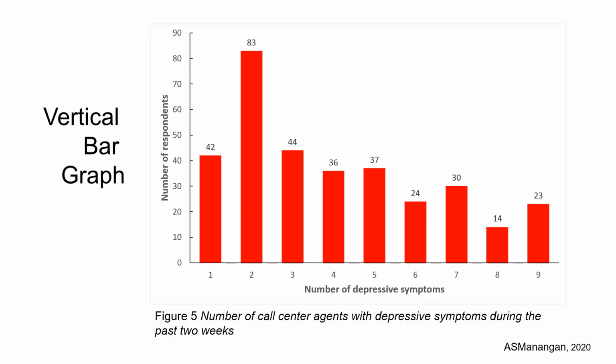Comparison between categories or groupings are made on the basis of the heights of these bars, and it can be seen that most call center agents have been experiencing at most two depressive symptoms for the past 2 weeks.